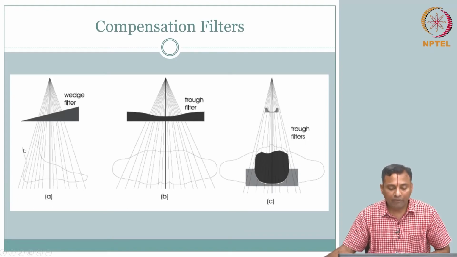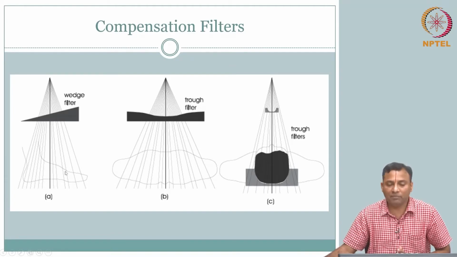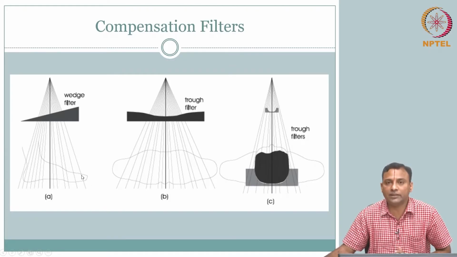So if I do not have any way to compensate for this difference in path length, your plain interpretation would be that there is more attenuation on this side, less attenuation on this side. So the material is more attenuating here than this side, which is not true. The material is the same. It is just that the path length is more on this side and less on this side, the length of this line that is passing through the material.